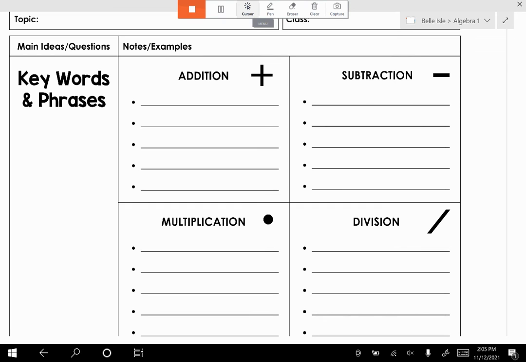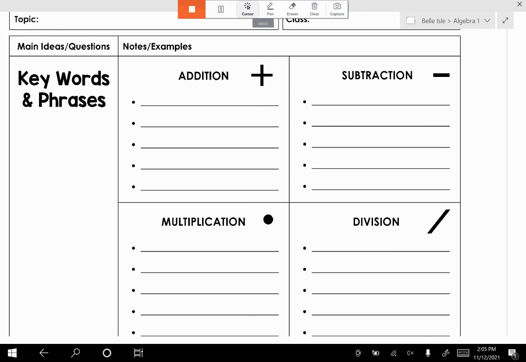That's what I used to teach. So we are going to work on reading word problems, and you being able to write out the equation or the expression that they are telling you to write.